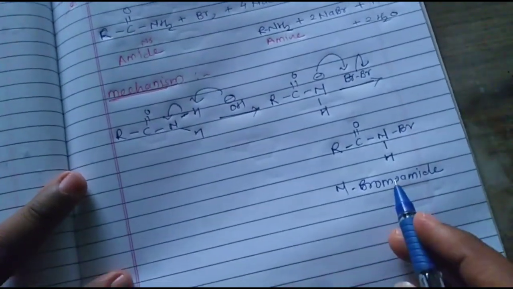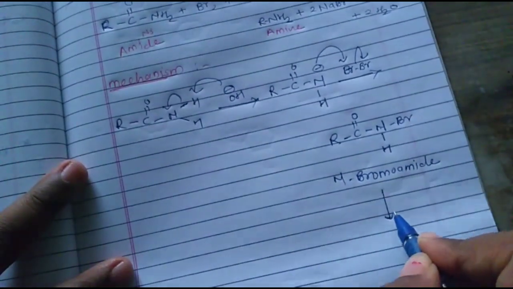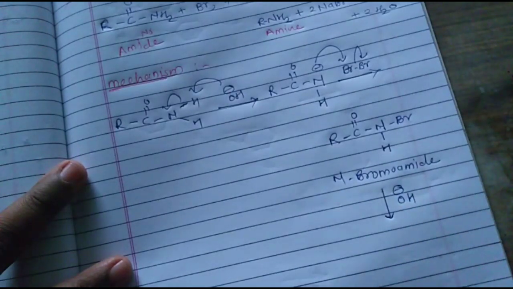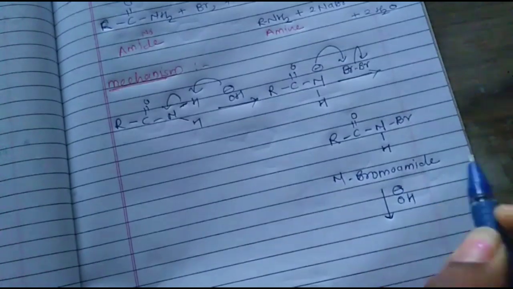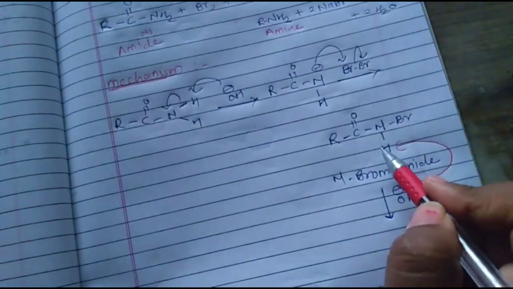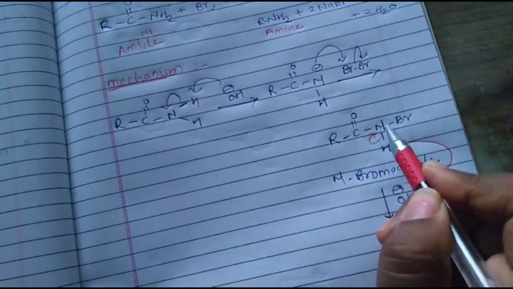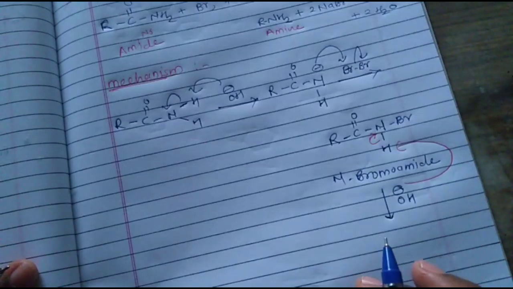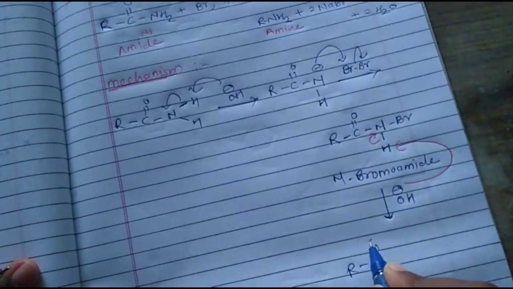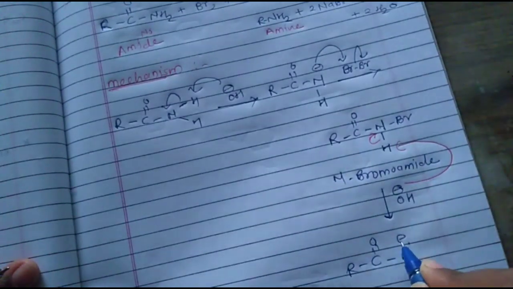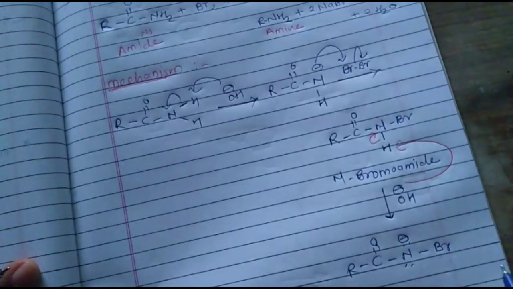In the second step, NaOH again attacks this compound, OH minus attacks this hydrogen, and the bond electrons are accepted by the nitrogen. The product is R C double bond O N with a negative charge and Br.